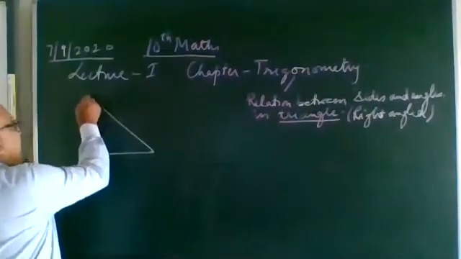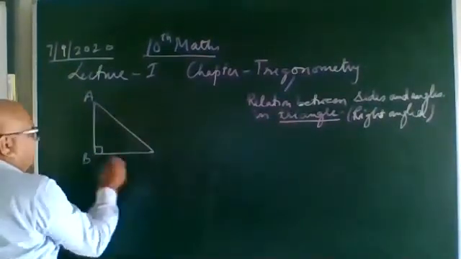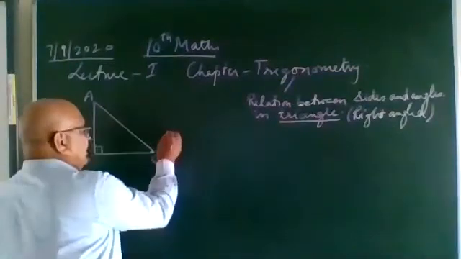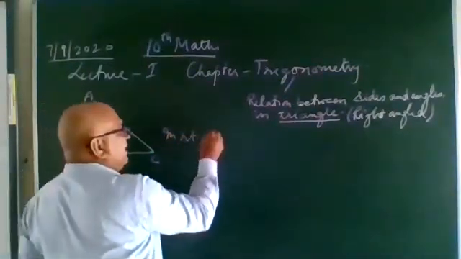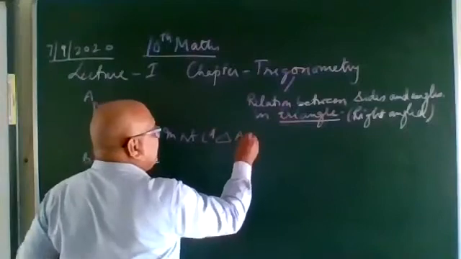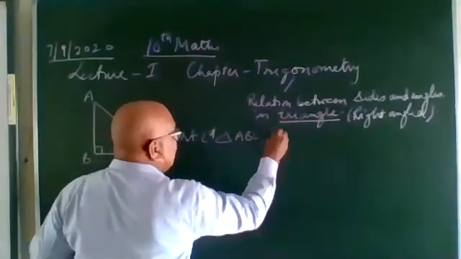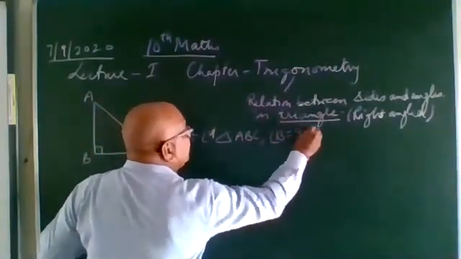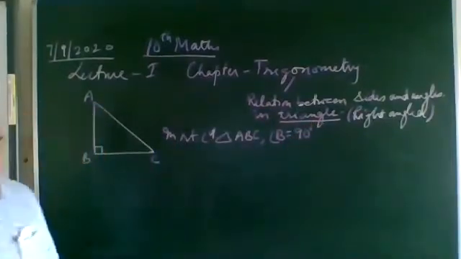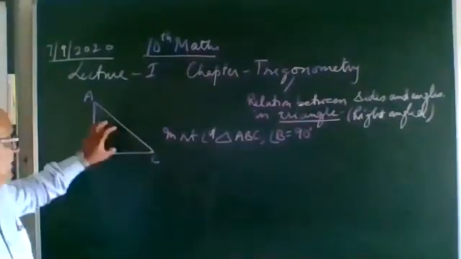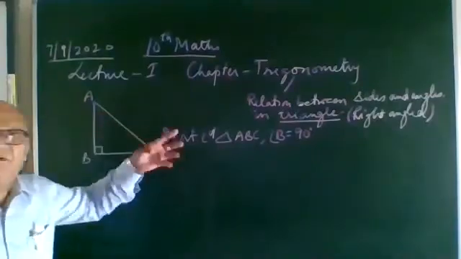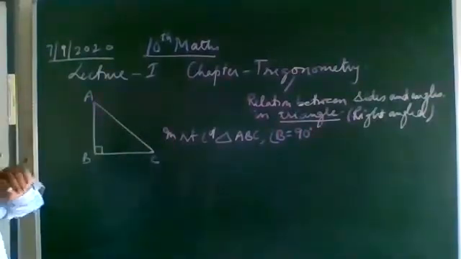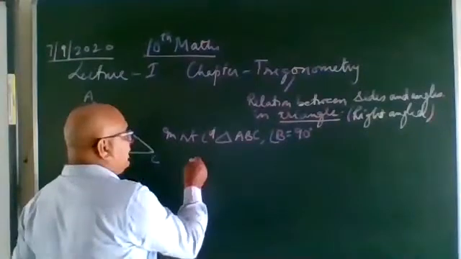Now in right angle triangle ABC, angle B is 90 degree, then sum of other two angles is 90.